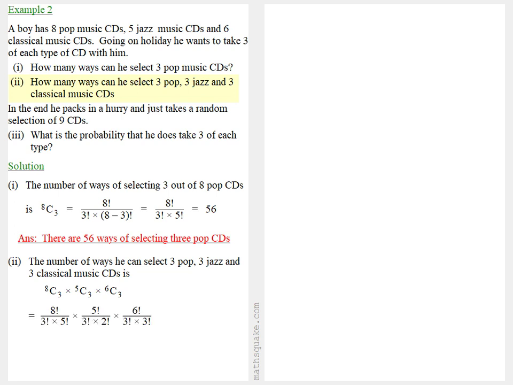Now that's 8 factorial over 3 factorial times 5 factorial times 5 factorial over 3 factorial times 2 factorial times 6 factorial over 3 factorial times 3 factorial. And that works out to be 56 times 10 times 20, or 11,200. Again, we could work that out on a calculator by typing in 8C3 times 5C3 times 6C3. So there are 11,200 ways of selecting 3 of each.